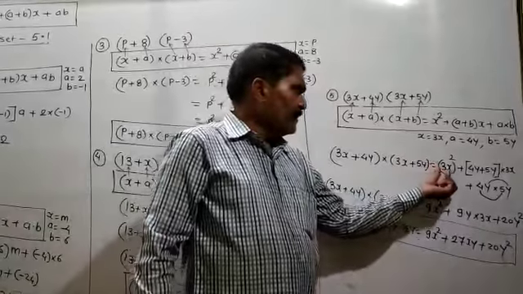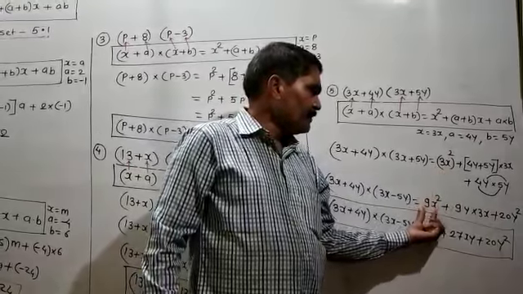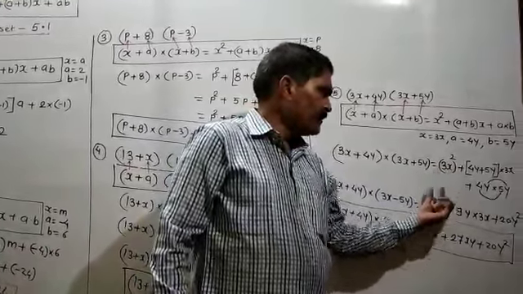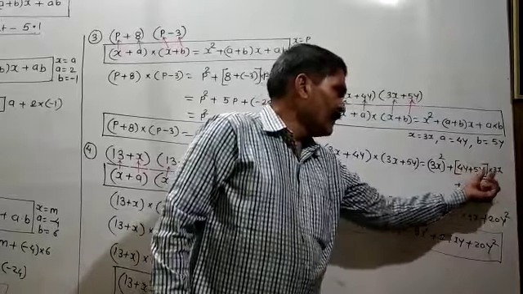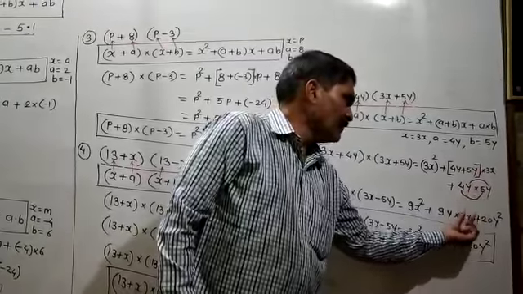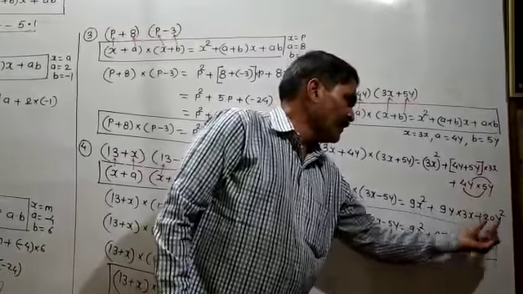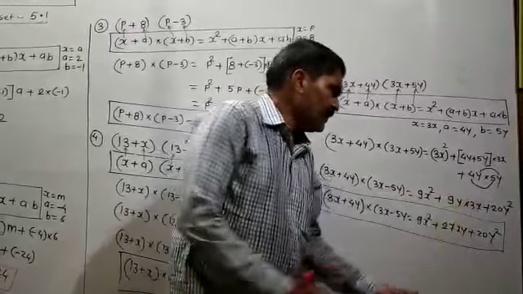Then here you have to do the square of 3 also, square of x also. (3x)² means 9x²: 3² is 9, x² is x². 4y + 5y is equal to 9y multiplied by 3x, plus these 4 5s are 20. 4 multiplied by 5 is equal to 20. y multiplied by y is equal to y². So this will come 9x², and 9 3s are, here you have to do the product.